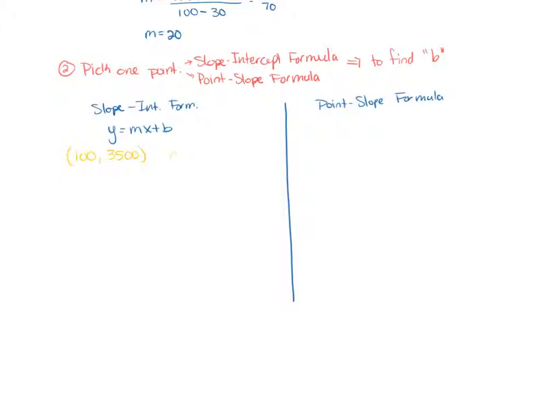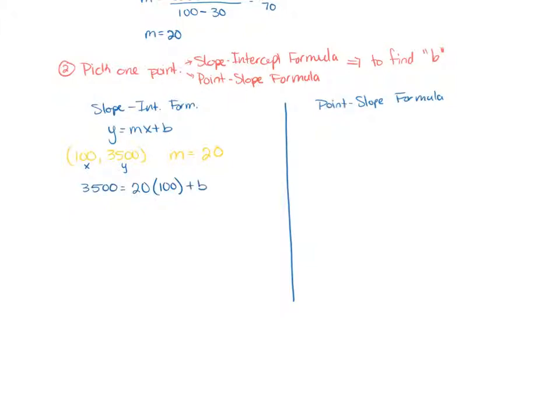And then I'm going to also write down my slope, which remember we found in the first step, which was 20. And then now let's just plug everything in. So y is still y, m is 20, x, so in this particular problem, think of that as your x, that's your y. So when x is 100, y is 3,500.